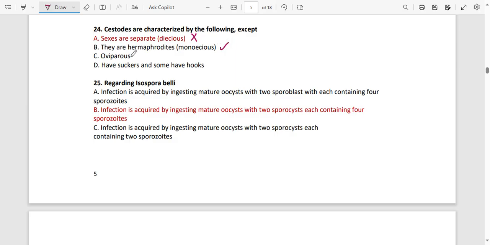That's true. Oviparous. Remember we said cestodes and trematodes are both oviparous. They all lay eggs. Have suckers and some have hooks. This is true. Have suckers, some have got hooks. But for the trematodes, what if this statement was talking about trematodes? How would we put it? They have suckers but no hooks. Thank you so much.